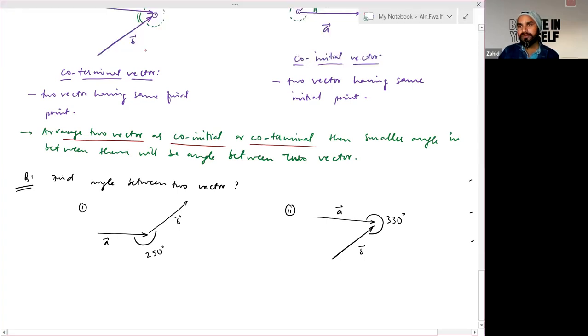So first try to make or arrange the two vectors to form co-initial vector or co-terminal vector. Then try to find the smaller angle in between them. Good.